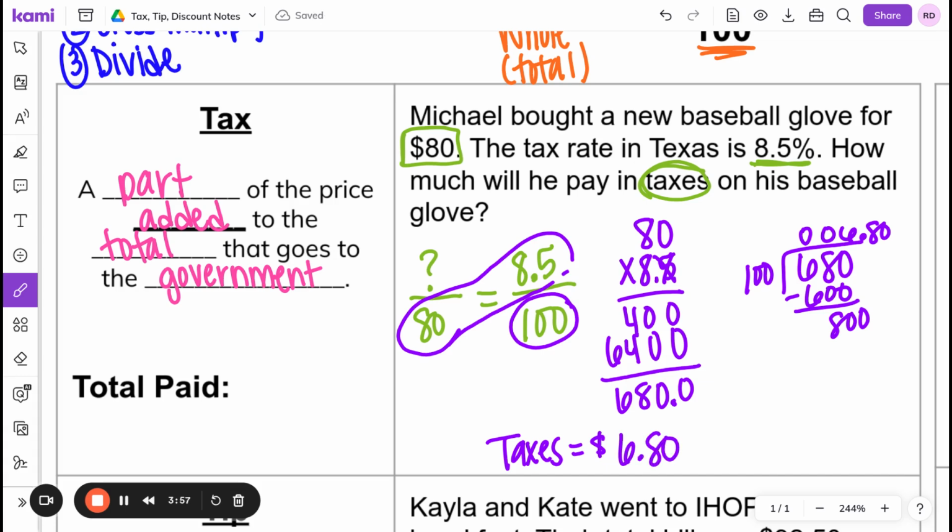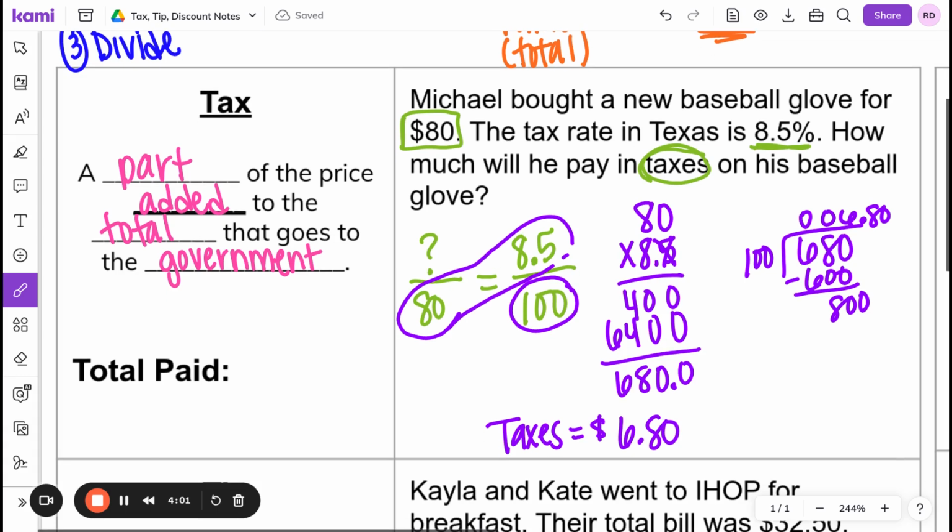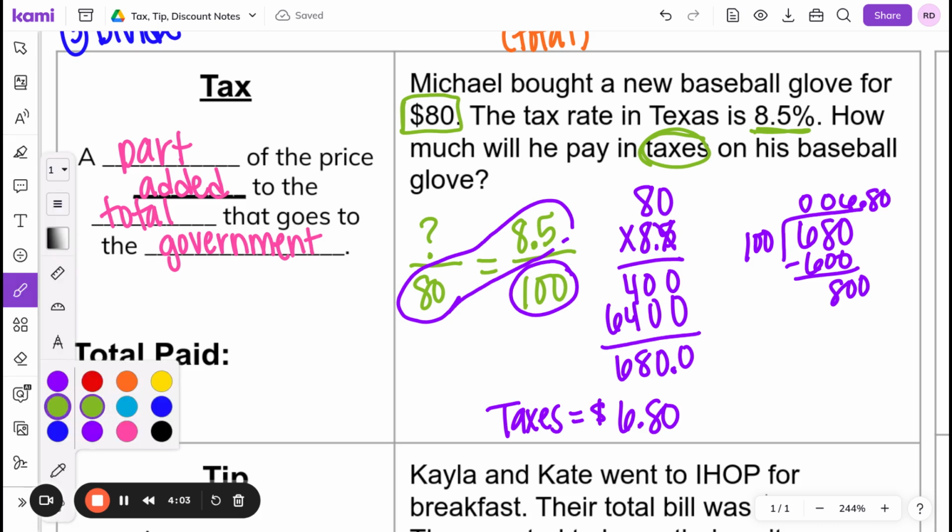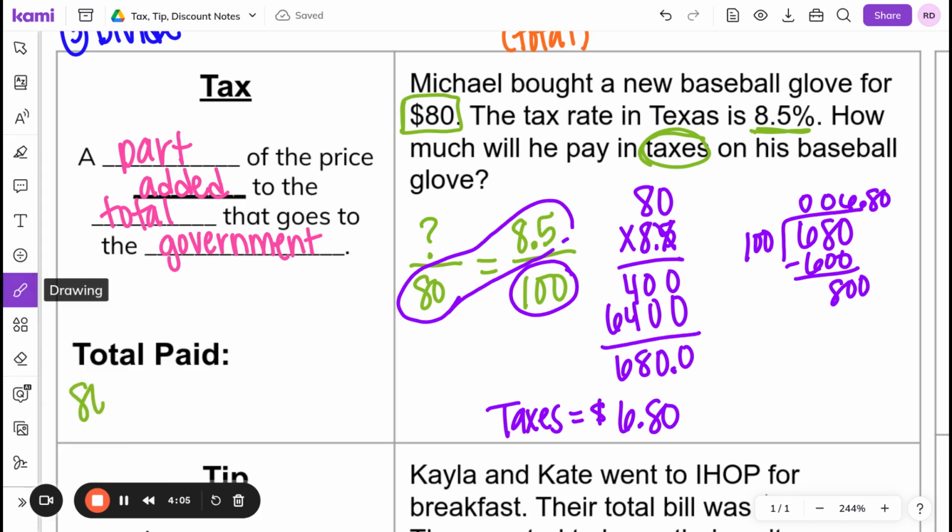Now, over here in the definition, it says your taxes get added to your total. So to find the total paid, we're going to take the $80 that Michael paid for the glove, and we're going to add $6.80. So when he goes to check out, he will owe the store $86.80.